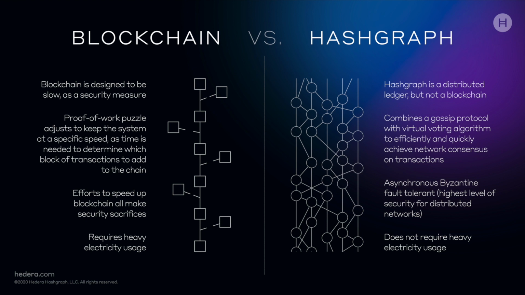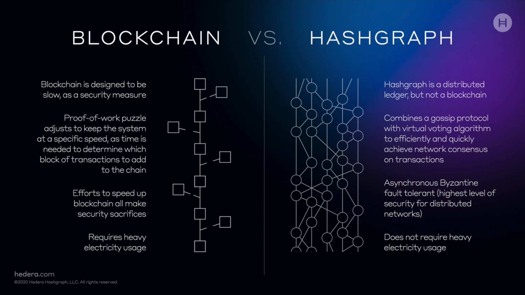If we switch over to Hashgraph, it is both a consensus algorithm and a data structure. It can be defined as a directed acyclic graph, or DAG. It achieves a similar end result as blockchain, which is decentralized trust, but it does it in a way that's more efficient. So it's faster. You can get, at least right now, up to 10,000 transactions per second. It's more fair. The transactions on Hashgraph are fairly ordered.